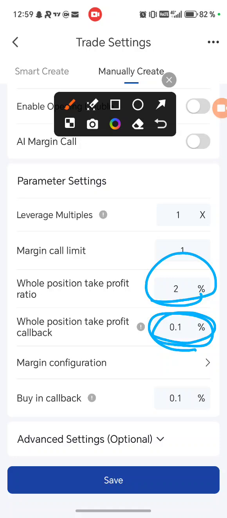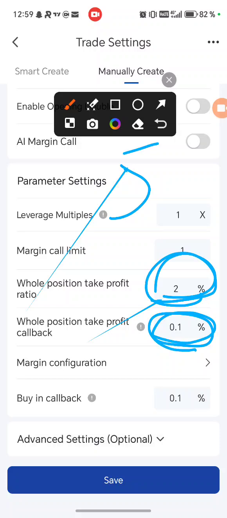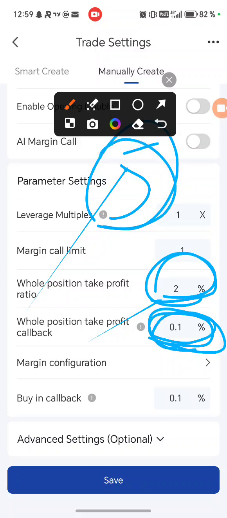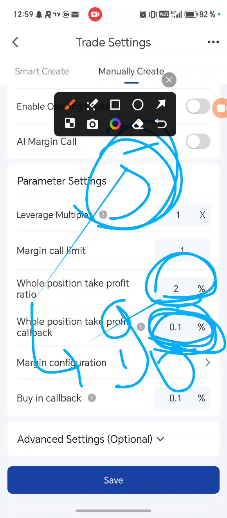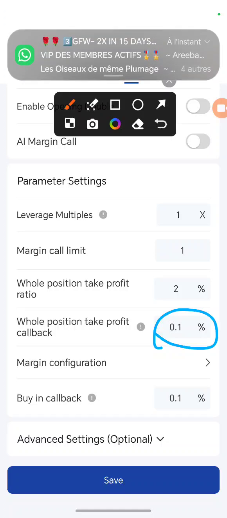So if, for example, this goes above 2% and hits like 5% up, you are going to make more than 2%, which is 5% minus this 0.1. So you are going to make 4.90% profit. This is very important and very, very magic. It has advantages and disadvantages, but you get more advantage in it than disadvantage.